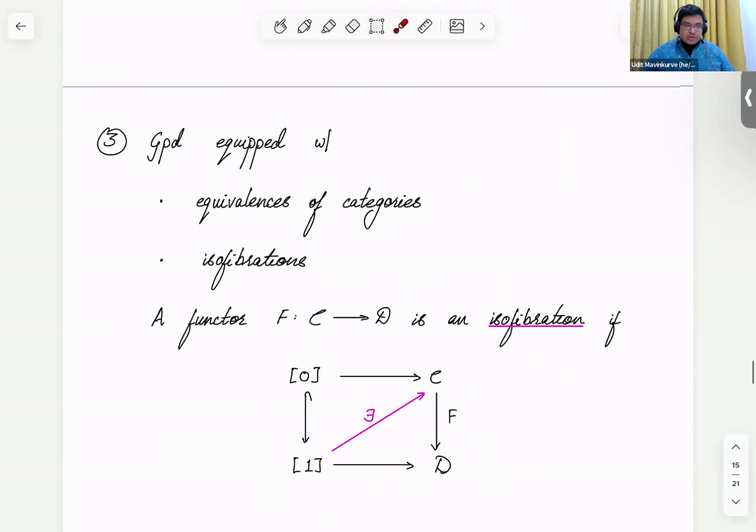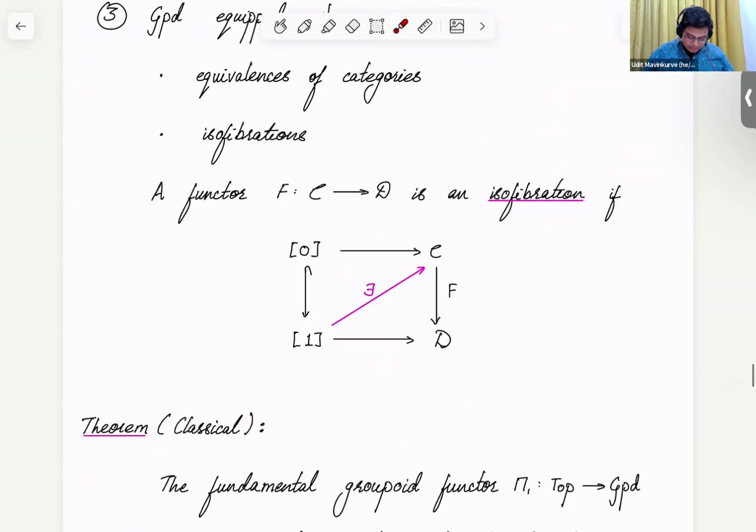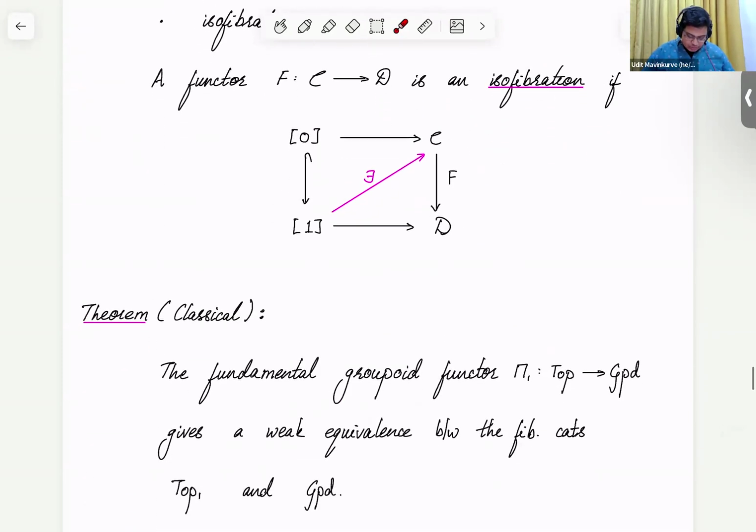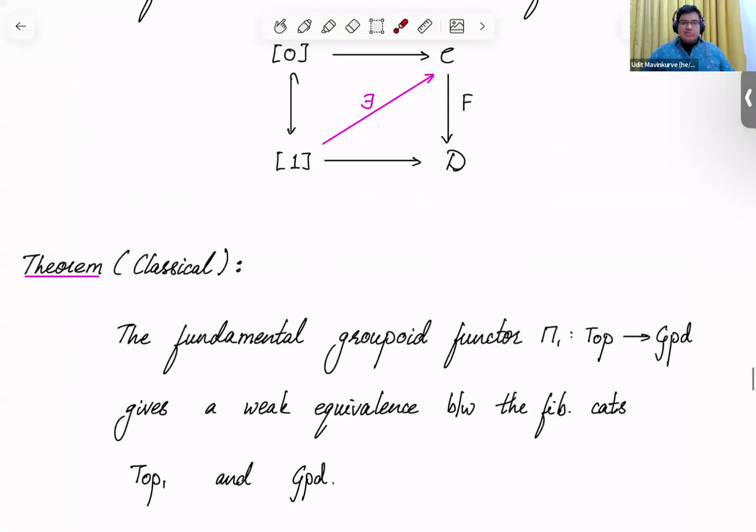And another classical example is the category of groupoids equipped with equivalences of categories and isofibrations as the class of fibrations. So again, defined using these lifting properties. And then you have this classical theorem, which tells you that the fundamental groupoid functor from topological spaces to groupoids gives you a weak equivalence of fibration categories when you look at the fibration categories for one types of spaces and groupoids.